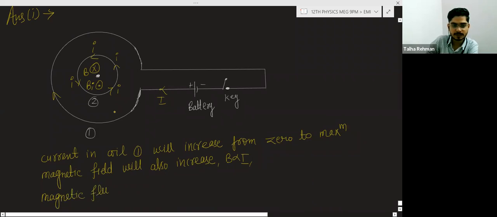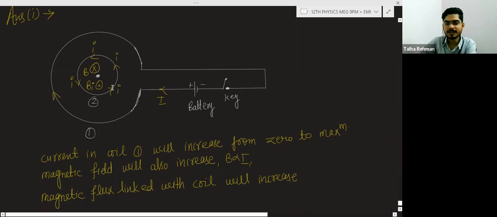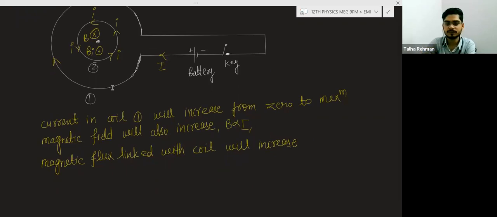Magnetic flux linked with coil will increase. So induced current will be there in the coil number 2, and that induced current will induce a magnetic field in the opposite direction of the given magnetic field.